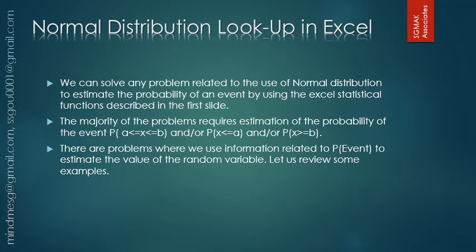The majority of the problems require estimation of the probability of an event of the form x lies between a and b, or probability x is less than or equal to value a, or x is greater than or equal to value b. There are problems where you use information related to the probability of an event to estimate the value of the random variable. We just talked about that. So let's go through some examples.